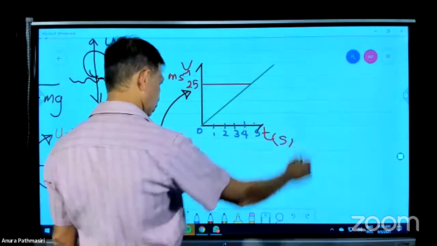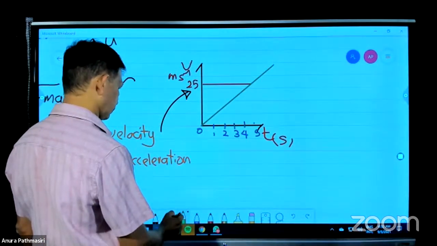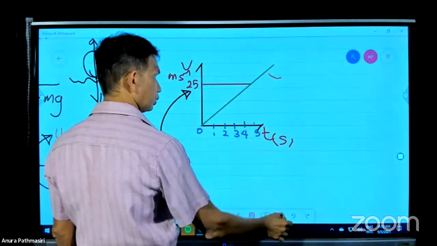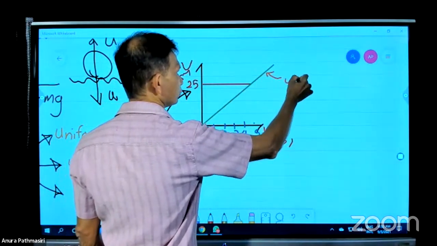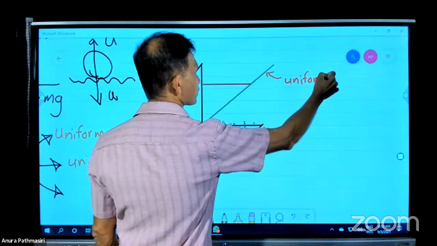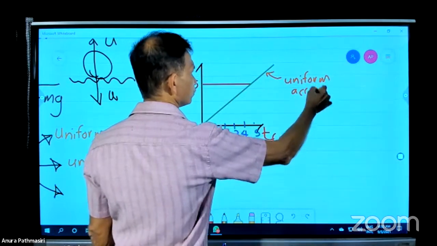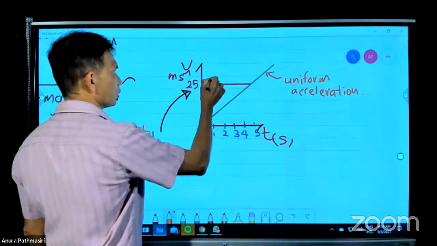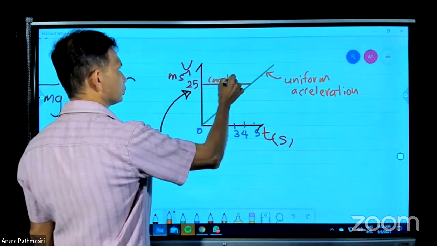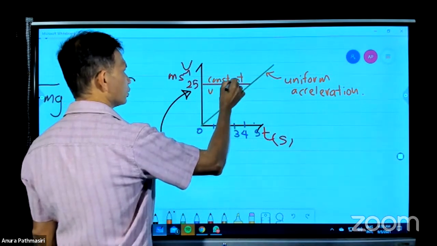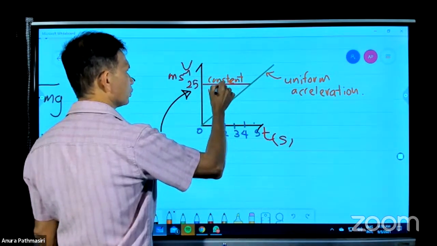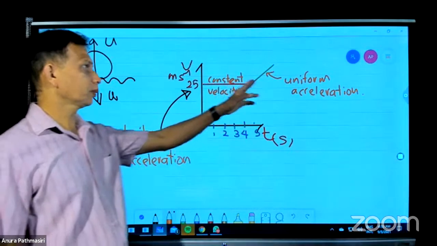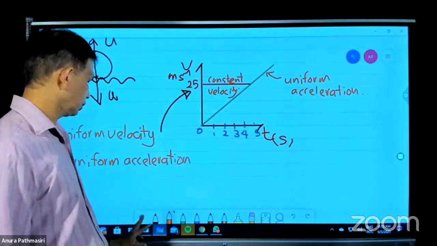This is constant velocity. Now, uniform acceleration, constant velocity.